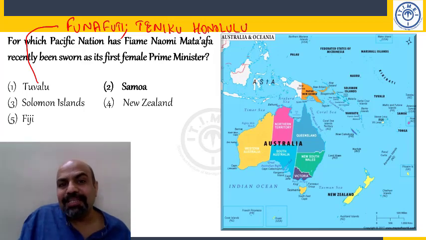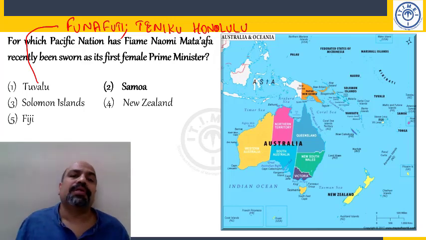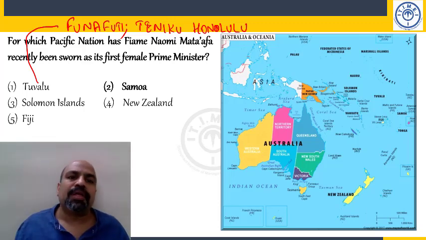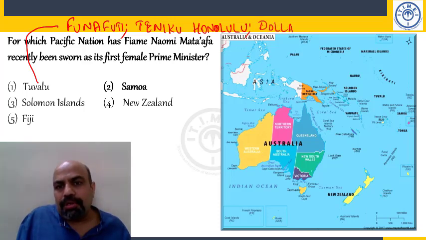Honolulu is the capital of the Hawaiian state in America, America's only island state. And this guy has this name, Tenuku Honolulu, and the currency is Tuvalu dollar.